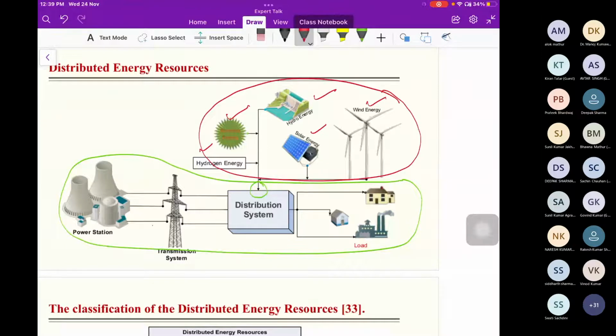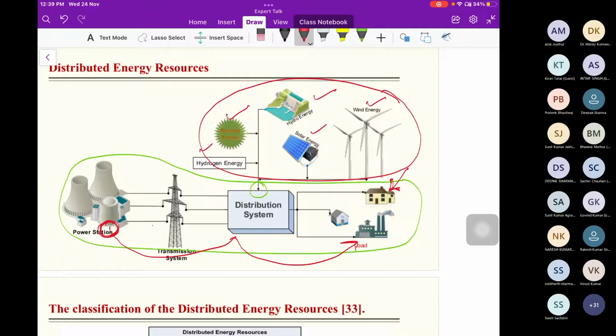Then the characteristics of the distribution system change. In the conventional system, power flows from one end to the other, with only one generating unit. But here, small units are directly connected to loads.